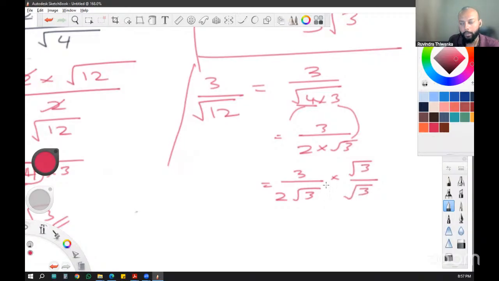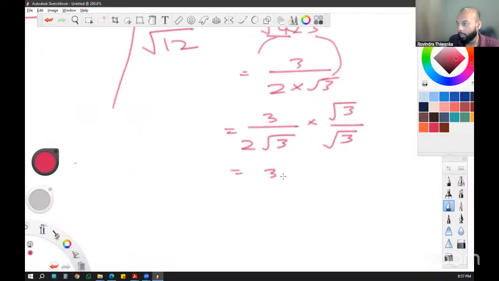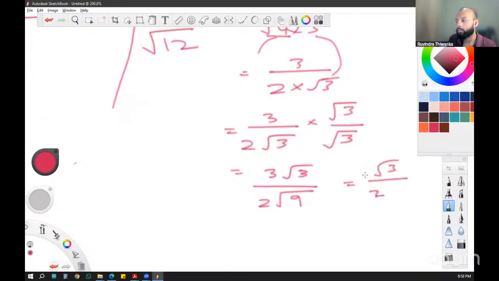Now you can write it like this: 3 into root 3 becomes 3 root 3 over 2 into root 3 into root 3, which becomes root 9, or else we can say 2 times 3. And this 3 and this 3 cancel, ending up with root 3 over 2.